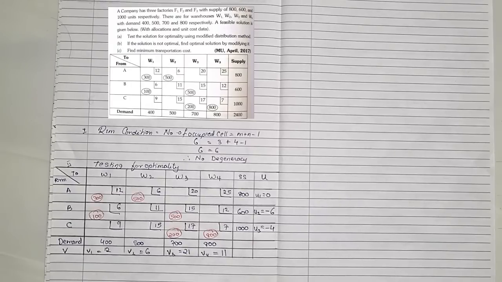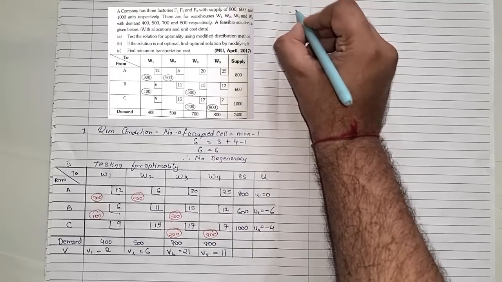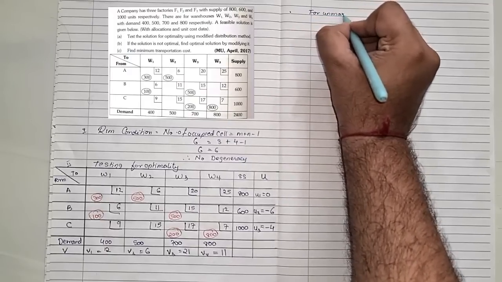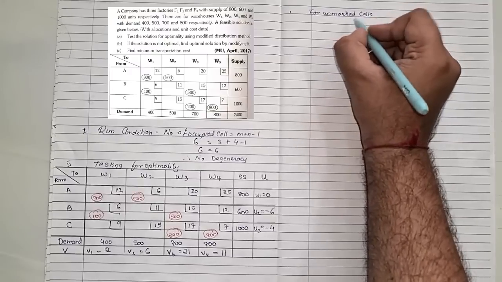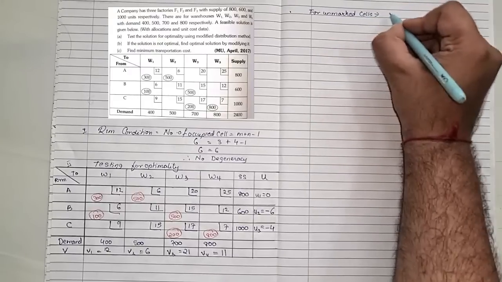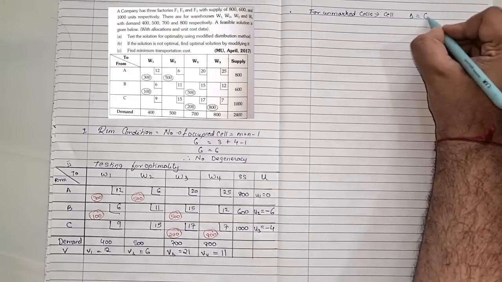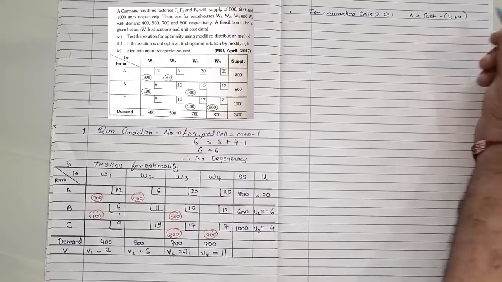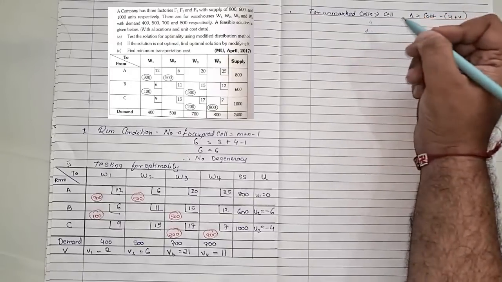Once we have done that, now we will find for unmarked cells. For the unmarked cells, the cell formula will be: change is equal to cost minus U plus V. So let us check which are the various cells which are unmarked.